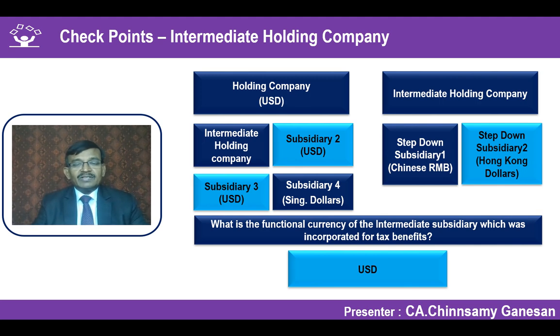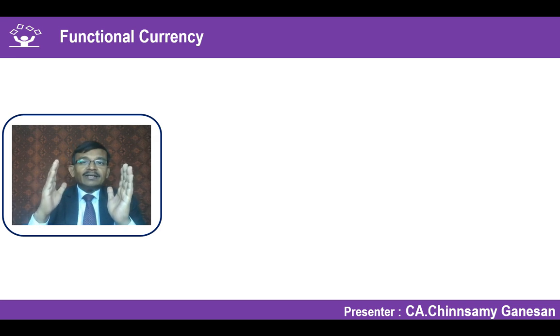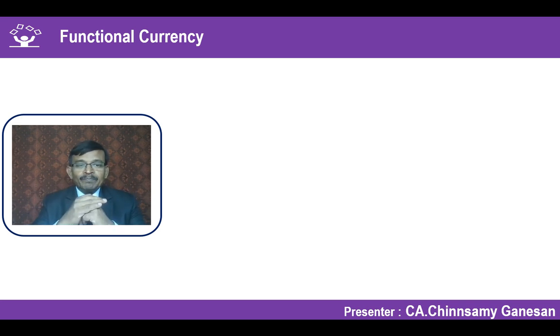Having seen this intermediate holding company, let us see, because we are talking about functional currency again and again, what the functional currency is. We have said it is the currency of the major economic environment in which the entity operates. That is also what we have seen. And what are the indicators?